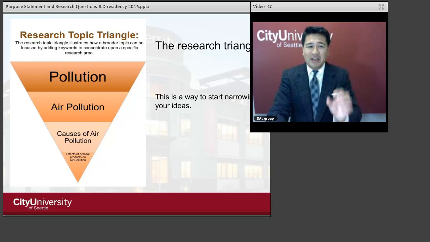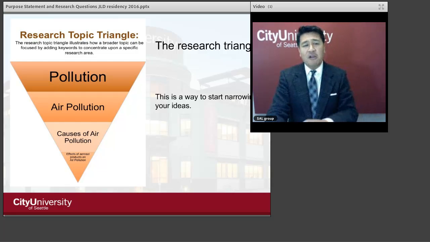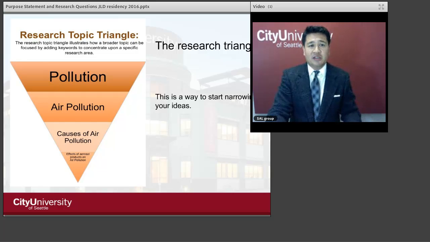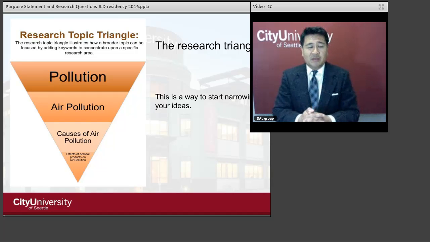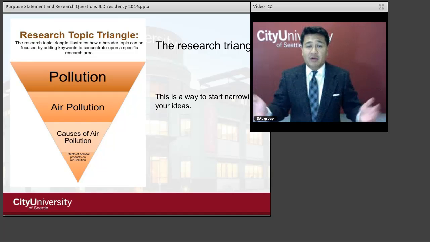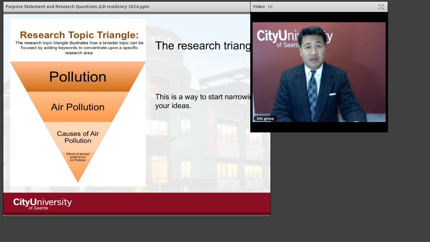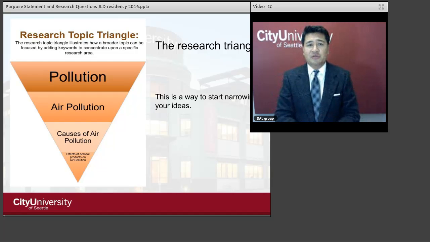You want to narrow it down, maybe to air pollution. There are different kinds of pollution, air pollution, water pollution, so you're narrowing pollution down to air pollution. Well, that's still a broad topic. What about the causes of air pollution? That's even narrower still. This is where a lot of dissertation students think, okay, I'm going to look at the causes of air pollution.